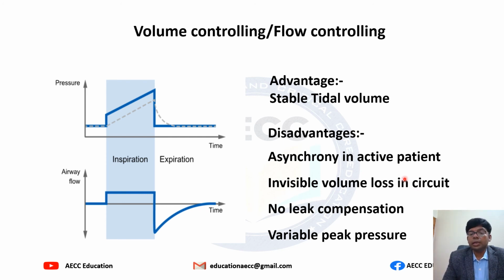There is no leak compensation in case of the volume control mode, because in volume control mode the flow is constant, not able to increase and decrease the inspiratory flow. So if there is a leak, that is not compensated. And there is variable peak pressure depending on the lung compliance and resistance.